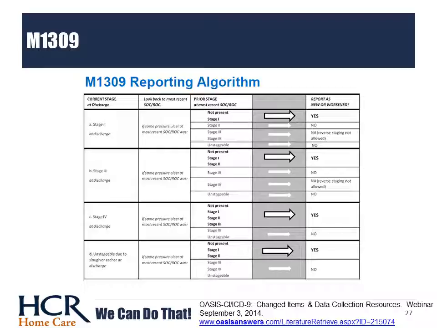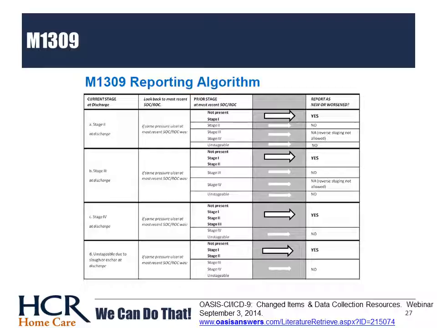So looking at the first row, we'll talk about stage 2 pressure ulcers. If at discharge you are assessing the pressure ulcer and you stage it as a stage 2, and looking at that third column, if that stage 2 pressure ulcer at the most recent start of care or resumption of care was not present, or was present as a stage 1 and now it's a stage 2, then moving over to the final column on the right-hand side, yes, we would need to report that pressure ulcer as worsening on M1309.